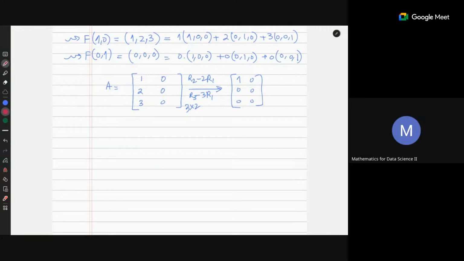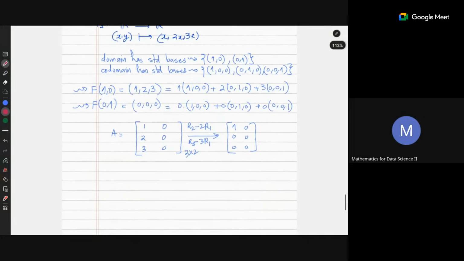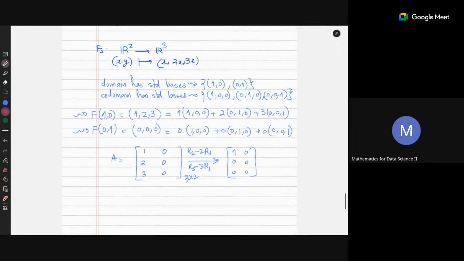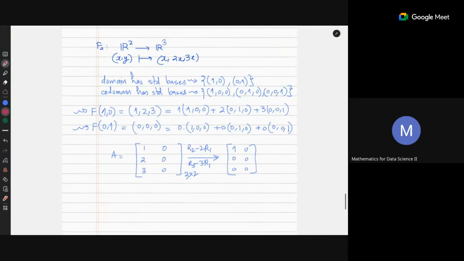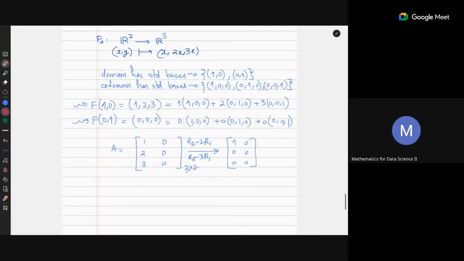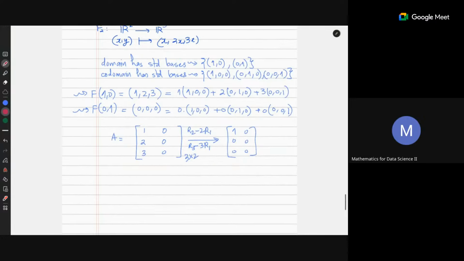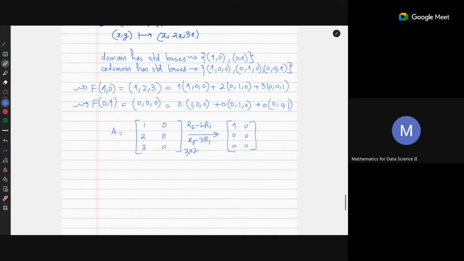Right. Now, yeah. Now write down the matrix. Okay. So now find out the basis of that. So it is 1, 0, 0, 0, 0, 0. And we have x, y.